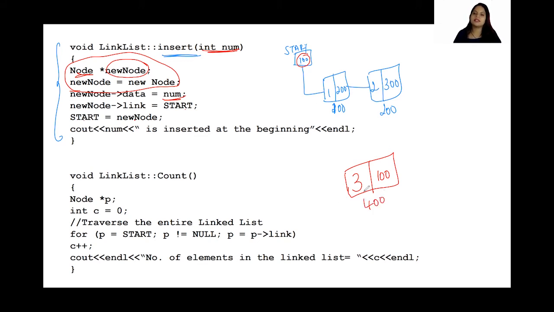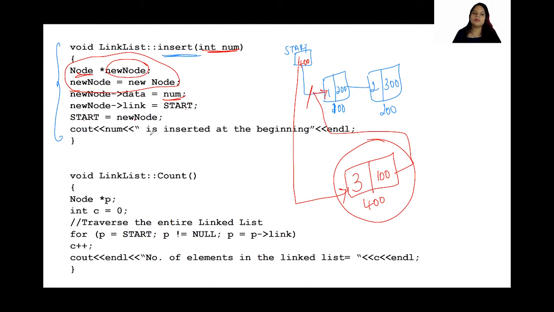When I say start is equal to new node, my 100 is going to get erased over here, and I'm going to store 400. So this link is going to get broken and it is going to point over here. Similarly, since this is saying 100, a link is going to get created over here. By doing that, now we have added a new node at the beginning.